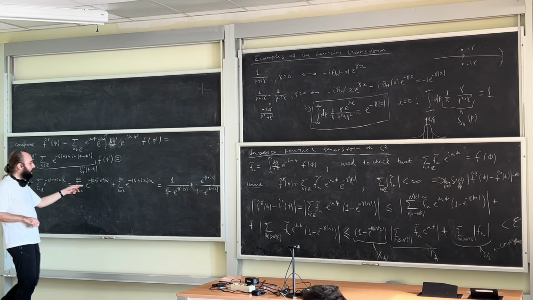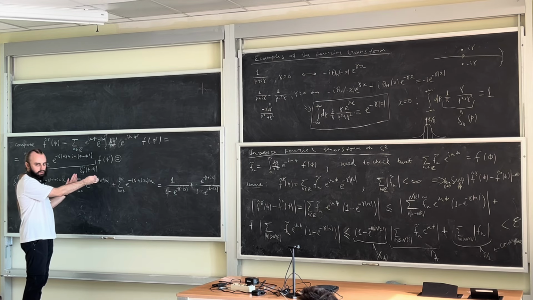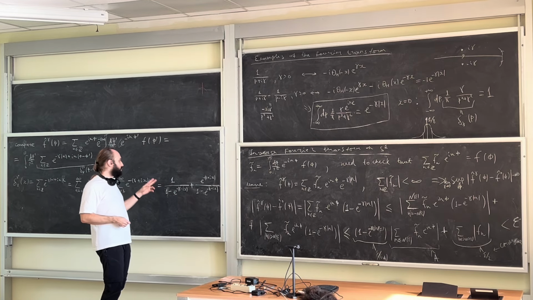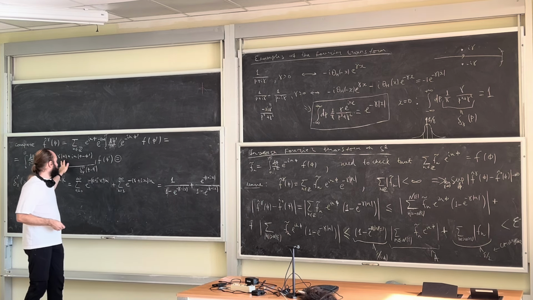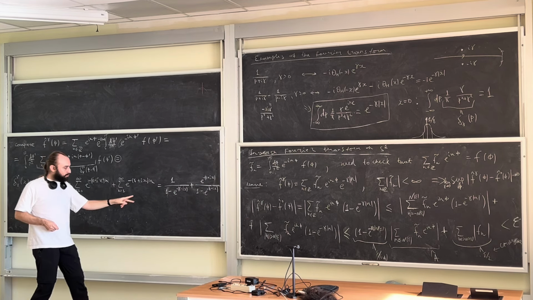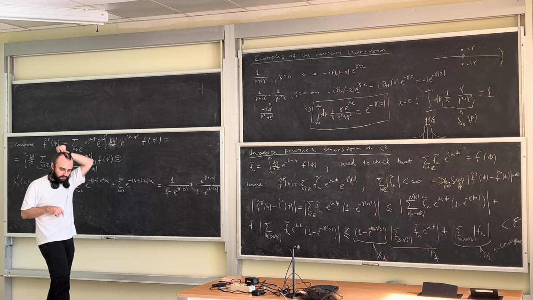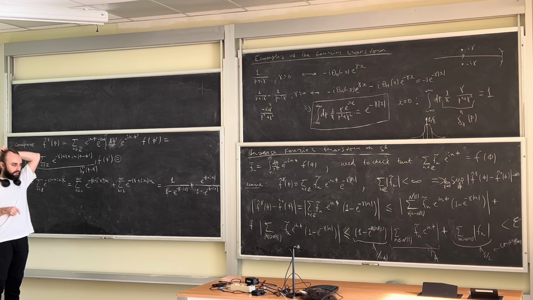So we need to check the absolute value of the whole argument, and gamma is positive, so this function is decaying with n, and the absolute value of the second exponential is just 1 because x is real. It's from 0 to 2 pi.